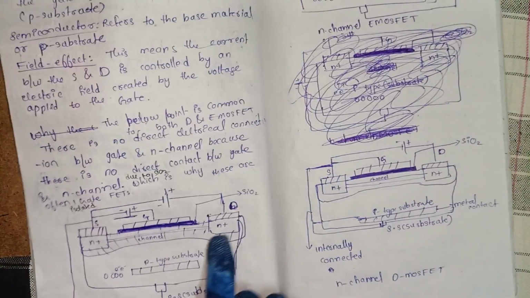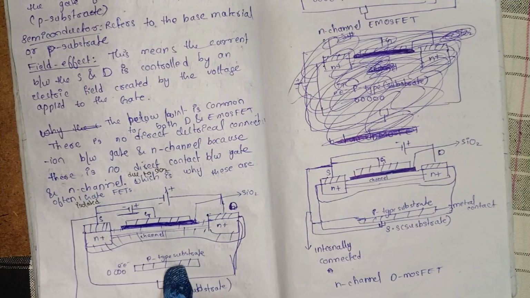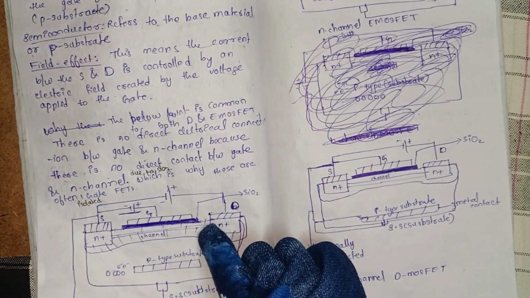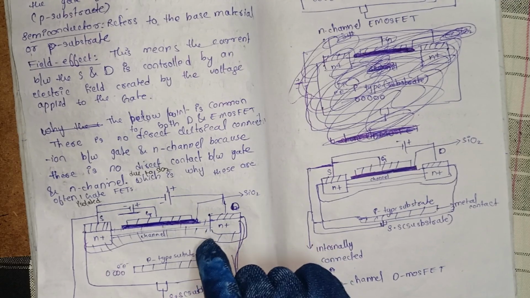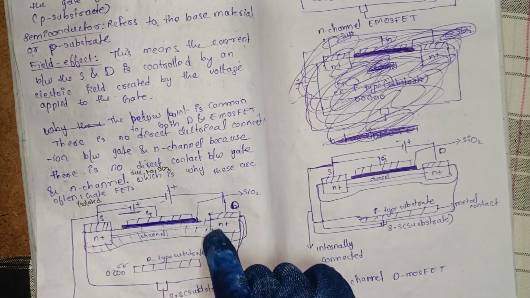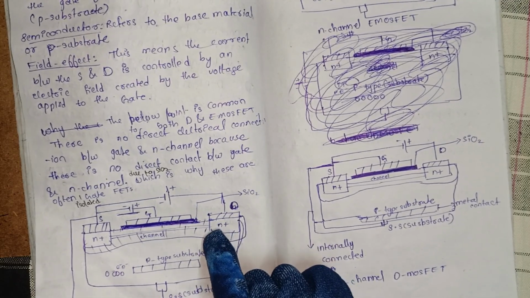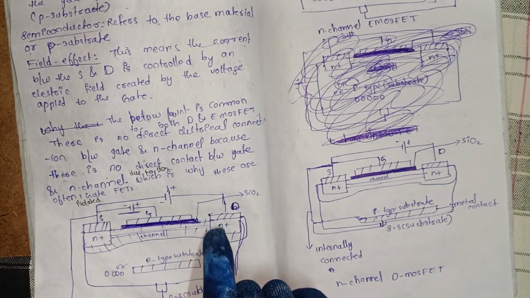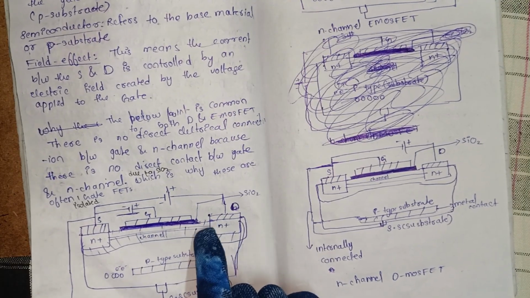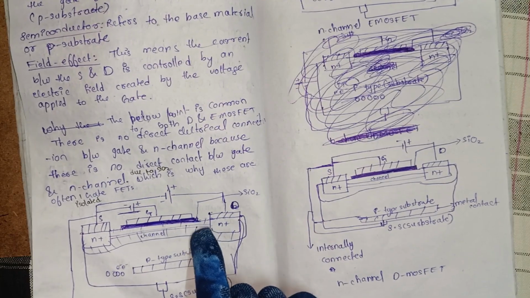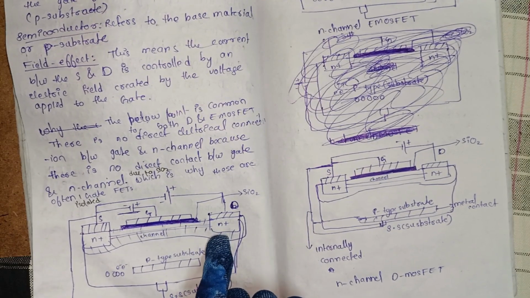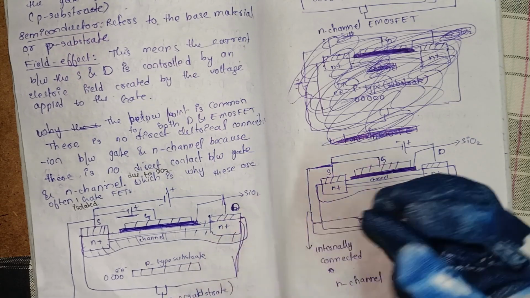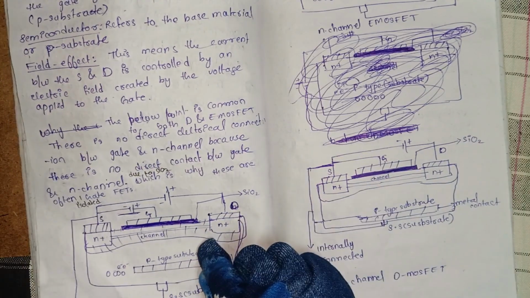Here in the diagram, here is the n plus region and the p type region. Here in the n plus region, it leaves the positive donor ions, and in the p substrate, it leaves the negative acceptor ions.